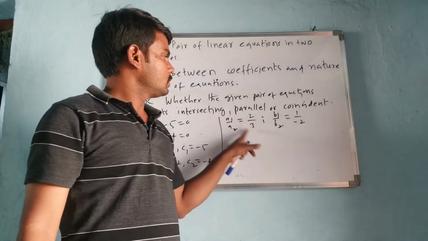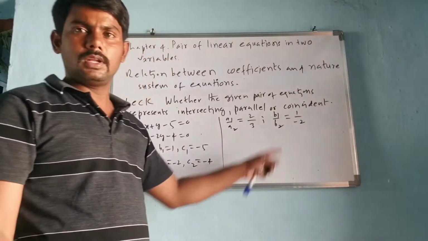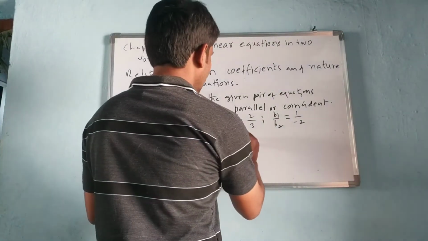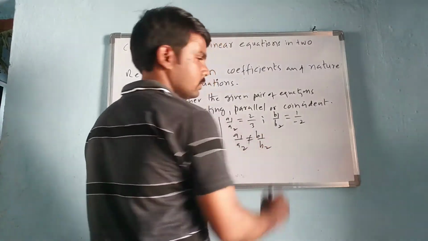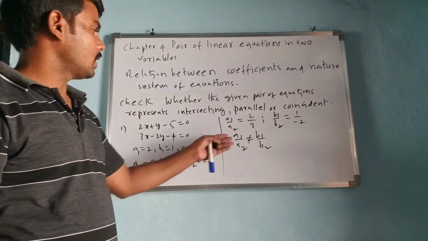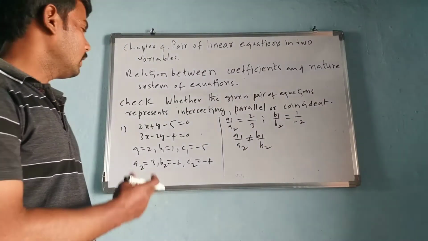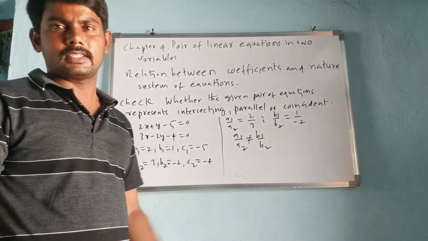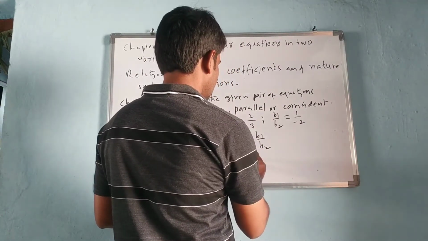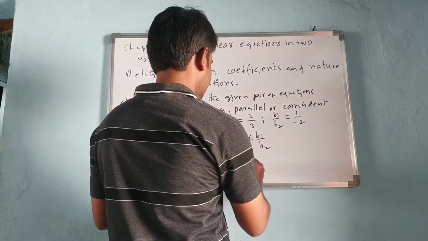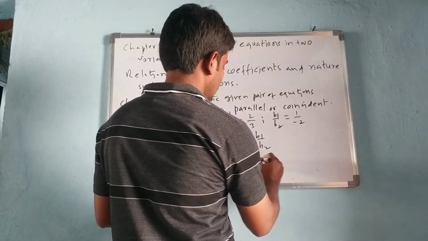Clearly both the values are not equal. So A1 by A2 is not equal to B1 by B2, and clearly they are intersecting.